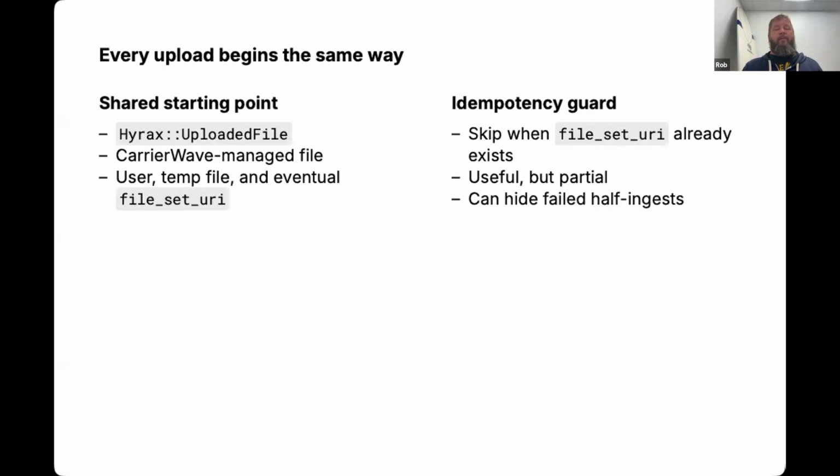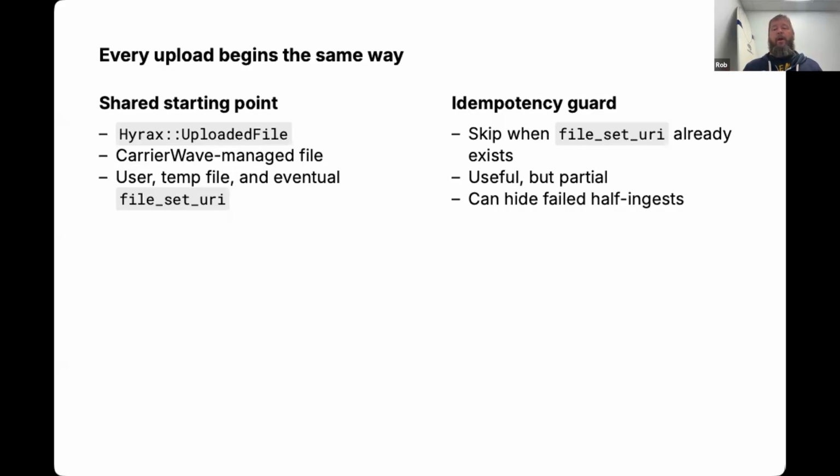This begins the same for every single ingestion. The Hyrax uploaded file is created when you first upload a file, and that's the stored thing. And it has an idempotency guard.